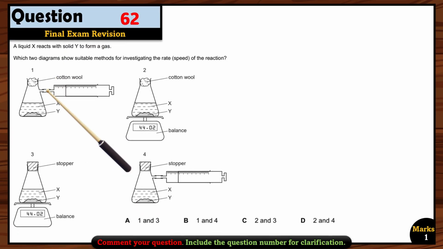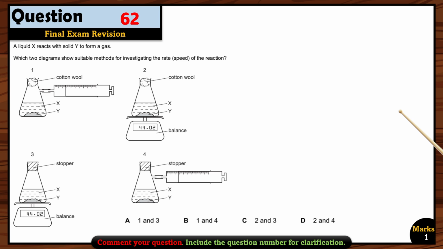Now let's see another question, and how you can measure the rate of the reaction. The rate of reaction means how quickly a reaction is taking place, and how quickly means what is the time. The time is important. You have to measure how much time a reaction is taking to finish.